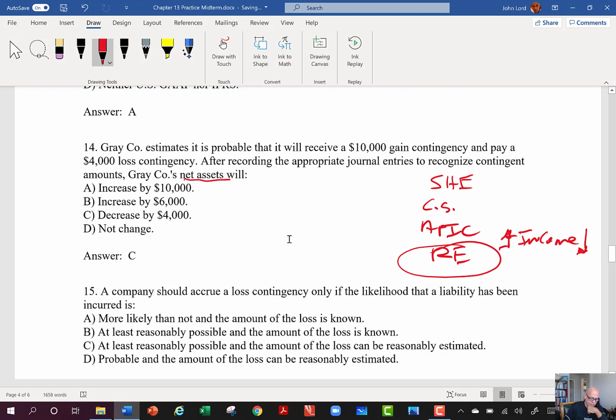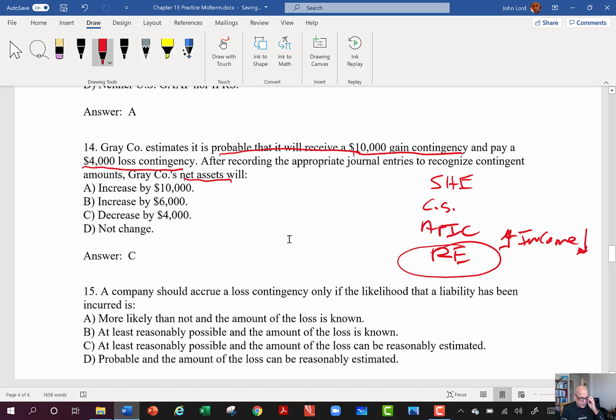At first, what do they mean by net assets? Okay, good. So now we know they're asking me about income, and you start to look at the rules for me to be able to take a gain contingency, which will increase my net income, versus a loss contingency, which will decrease my net income. And they tell you that it is probable that they will receive a $10,000 gain contingency.